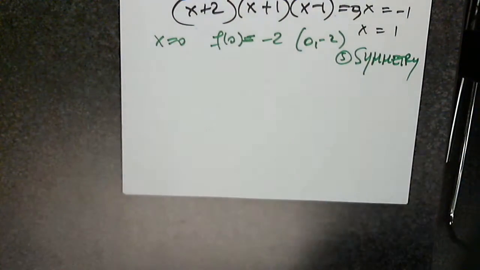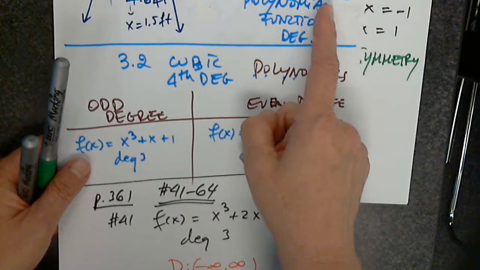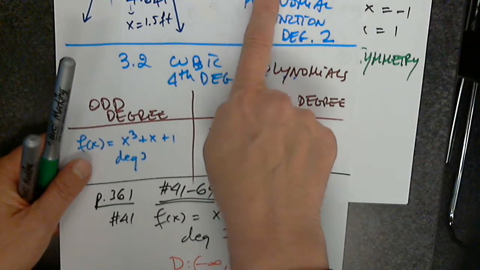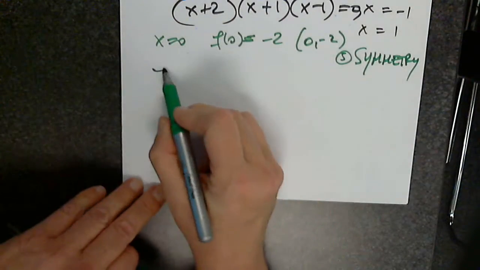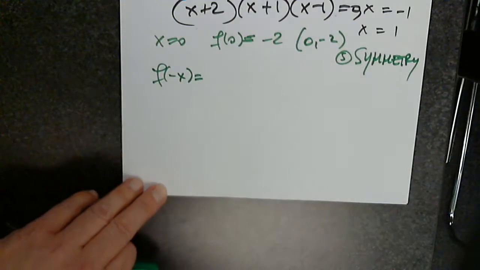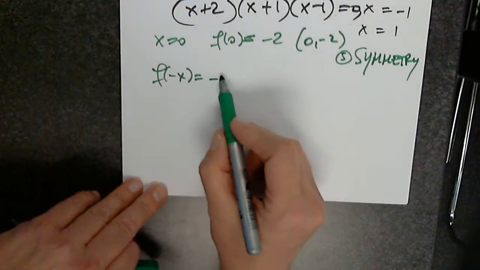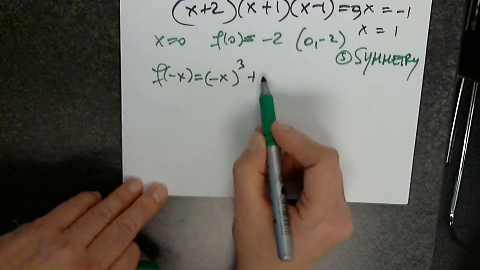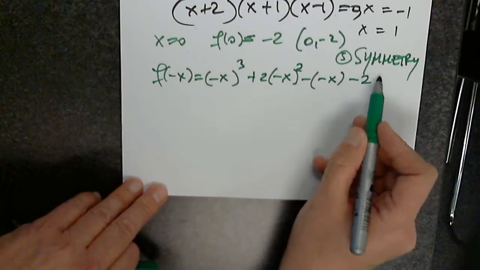And that's why I reminded you how to find the symmetry. In all cases, I have to find f of -x. So what about f of -x? So the function is -x to the third plus 2 -x squared minus -x and minus 2.